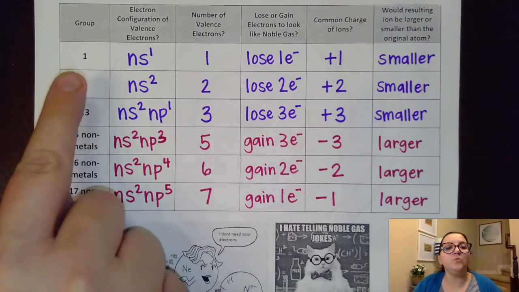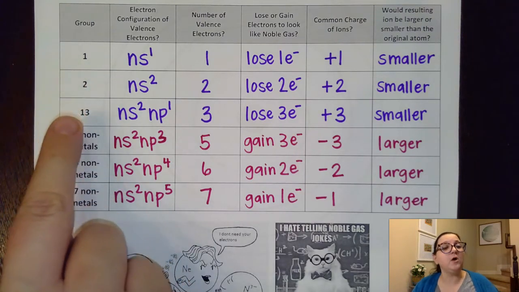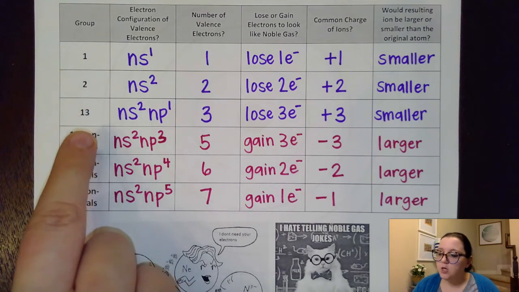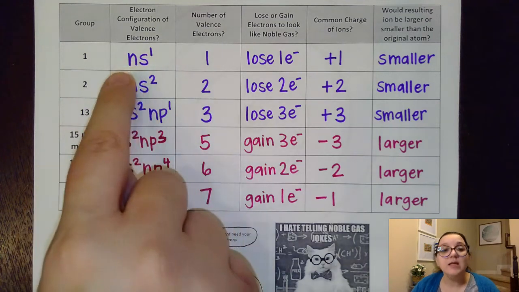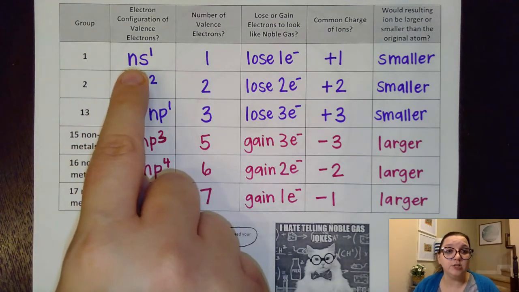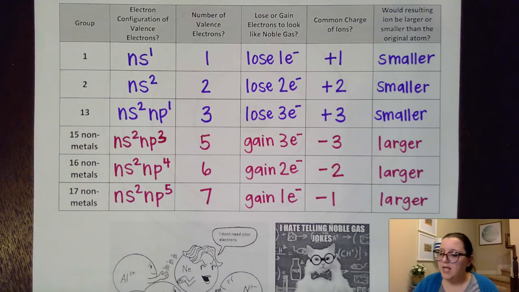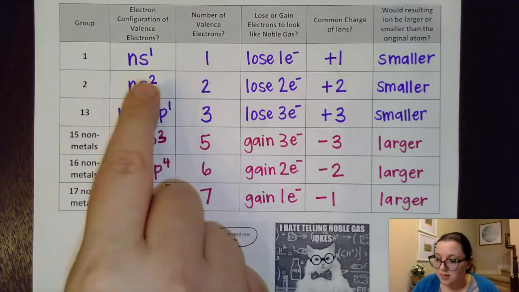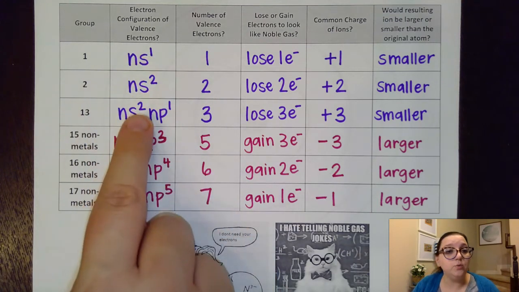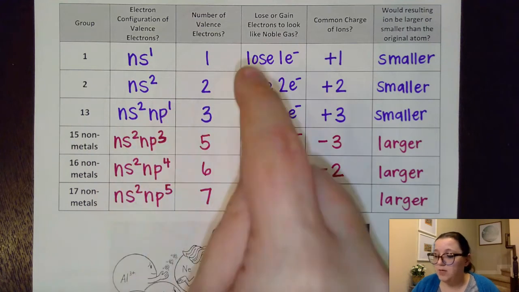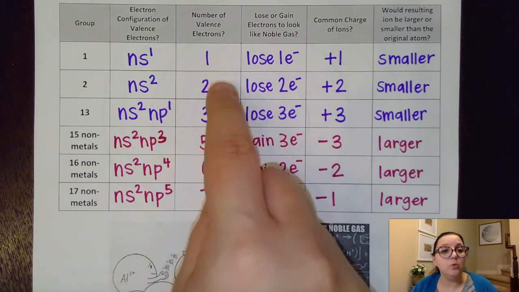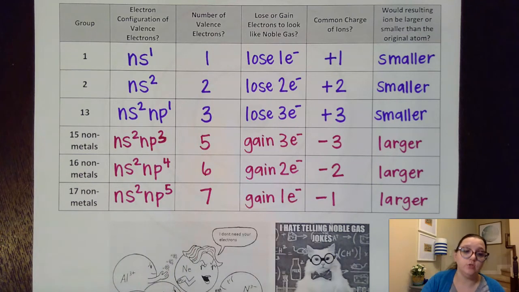If you are in groups 1, 2, or skipping over to group 13, you will notice that I have the valence electrons as some energy level, whatever that outside one is, and then s1, s2, or s2p1. And so that would be valence electrons of 1, 2, or 3 for groups 1, 2, and 13. In order for those to look like a noble gas, it is much easier for those to lose electrons versus gain them.